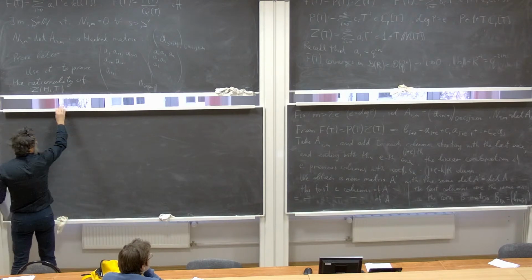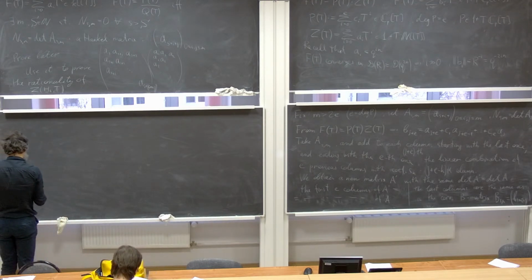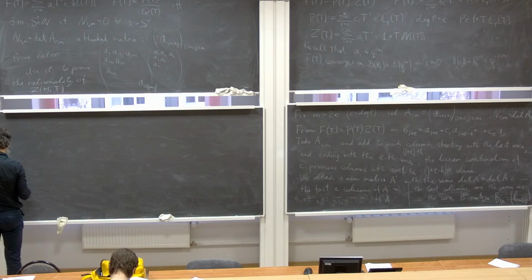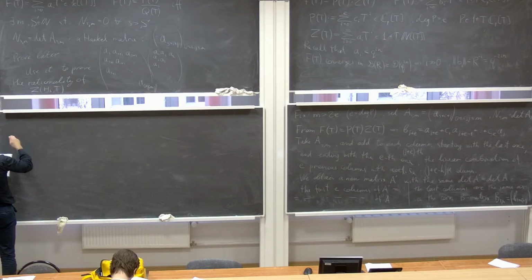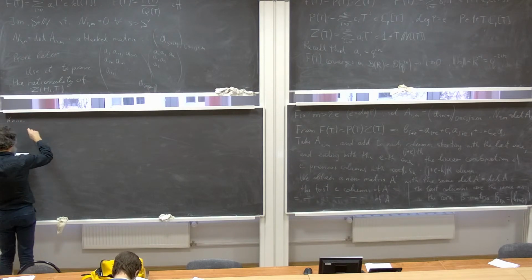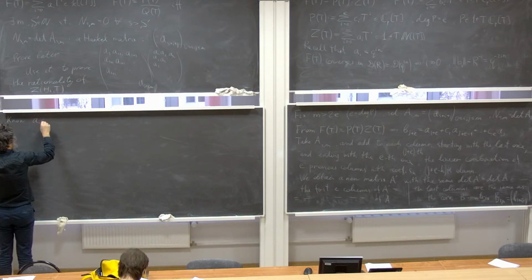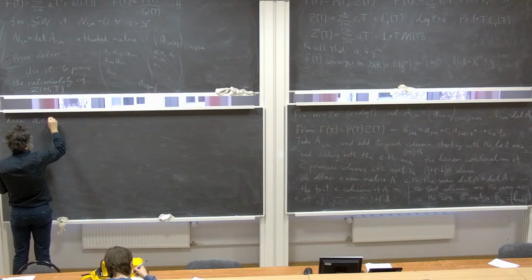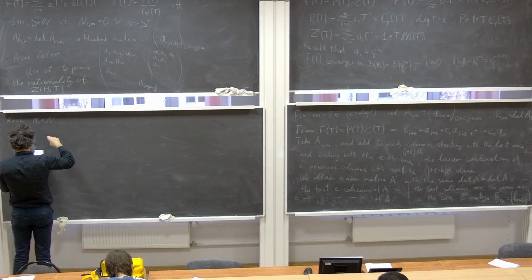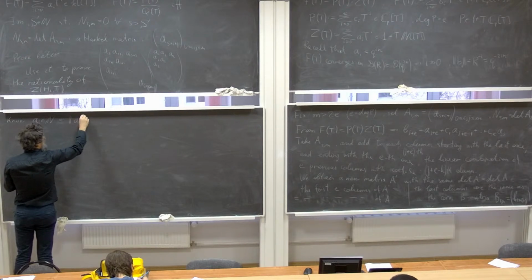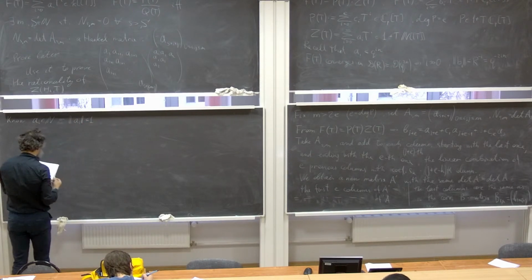Now from this we will estimate the p-adic value of the determinant. So we know that the matrix coefficients of A are positive integers, and hence their p-adic value is at most 1.